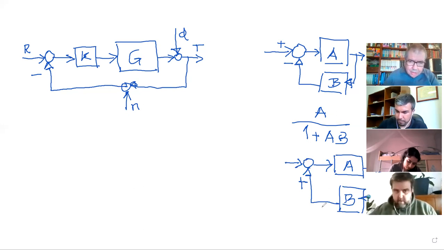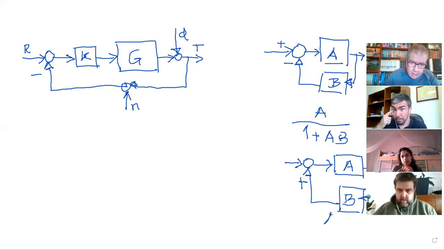So this is equivalent to what? You know the result above. So without doing computations, what is the equivalent of this interconnection? A divided by 1 minus AB. Why?